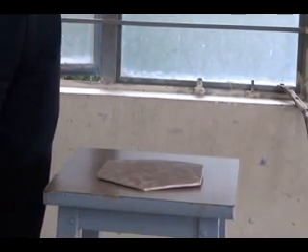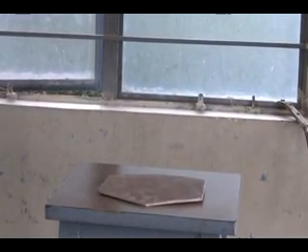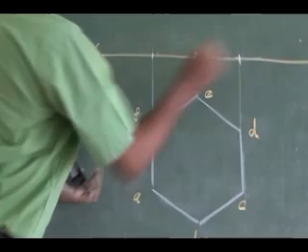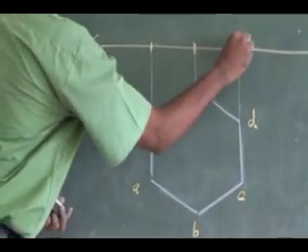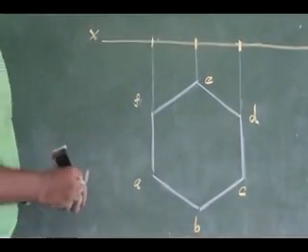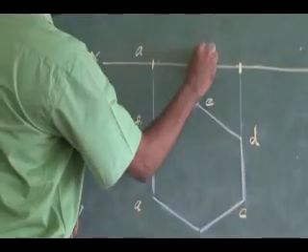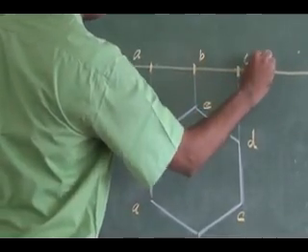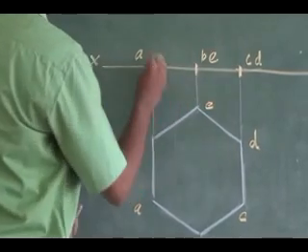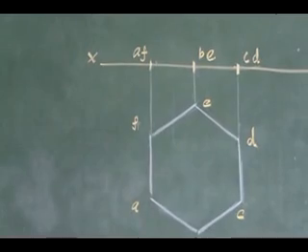I can draw the true shape on the horizontal plane, and the front view will be obtained on the reference line. You have to mark the front view here for this problem. So this is going to be my front view. The front view notations are A, B, C, D, E, F. Is it clear? Which one will be hidden?